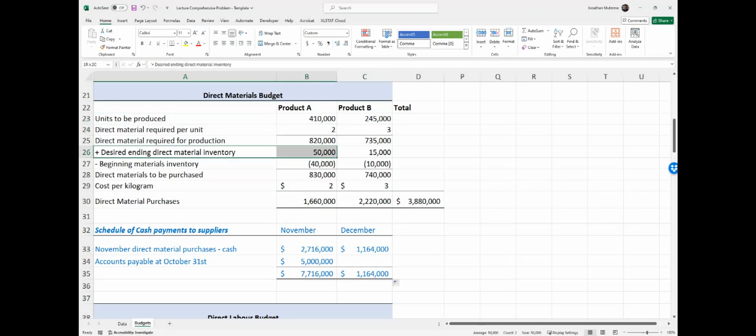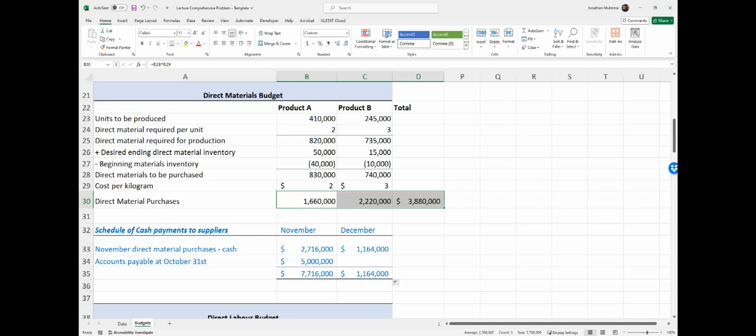If you have any inventory that you need to hold on hand at the end of the period, add that. If you have any inventory available at the beginning, subtract that. That will tell you the amount of material you need to go out and purchase, and then you find out the total value of the purchases that you need to make.